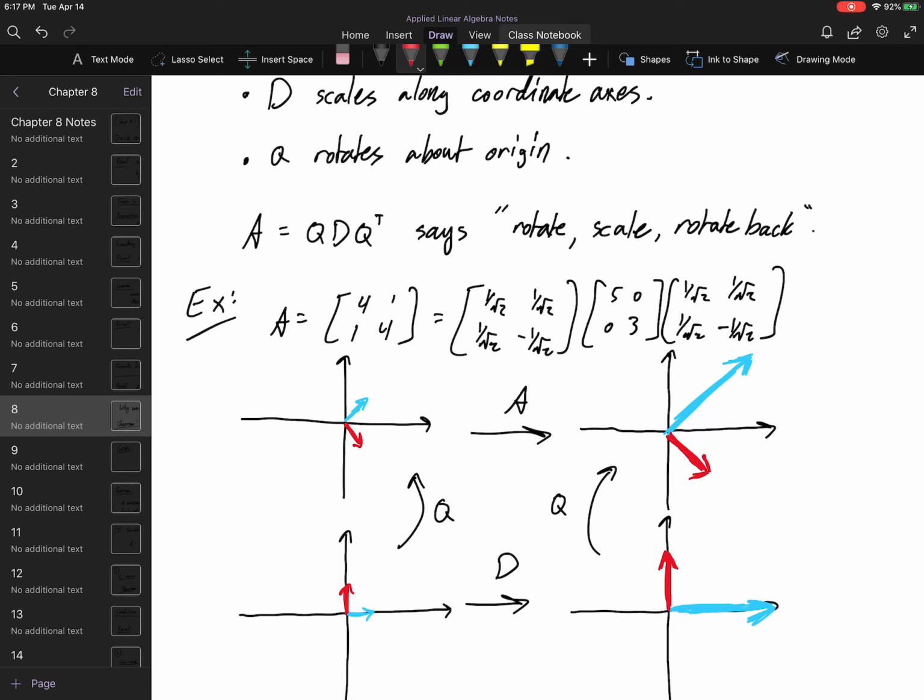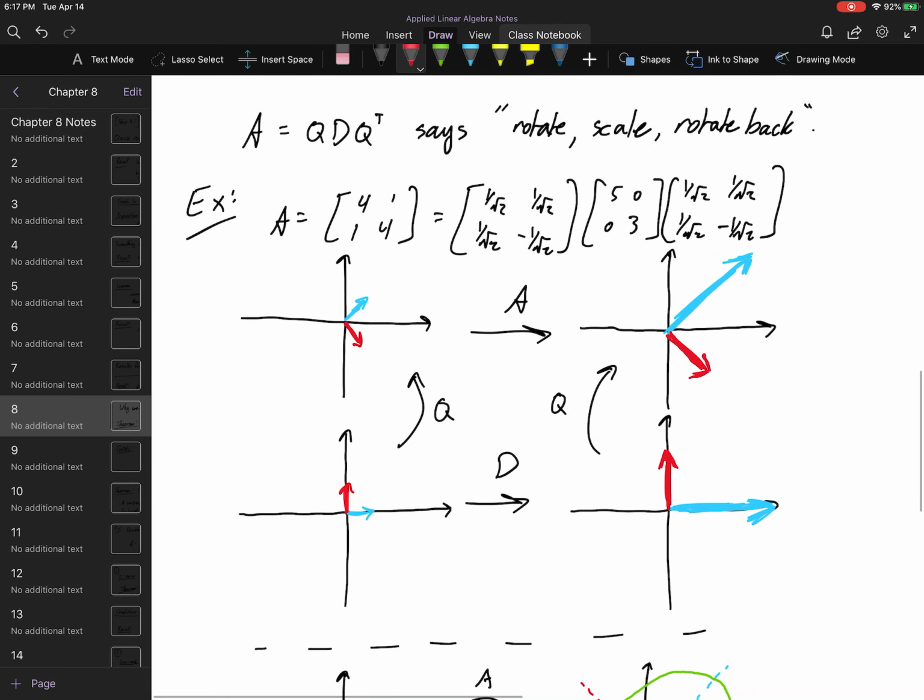So when we say A is factored as Q D Q transpose, it says rotate, scale, and then rotate back. Remember, we're reading these from right to left because that is the order in which this matrix hits a vector through multiplication.